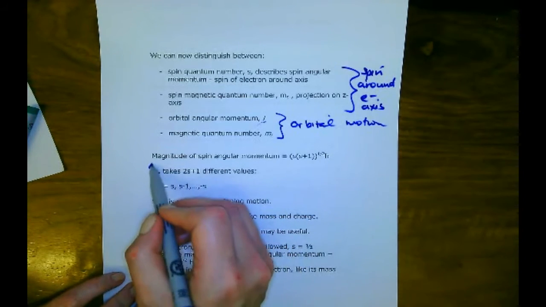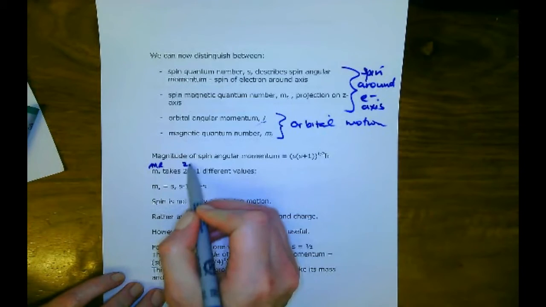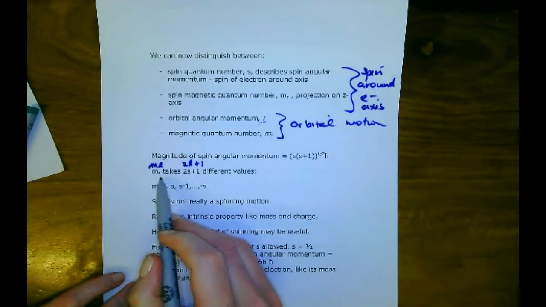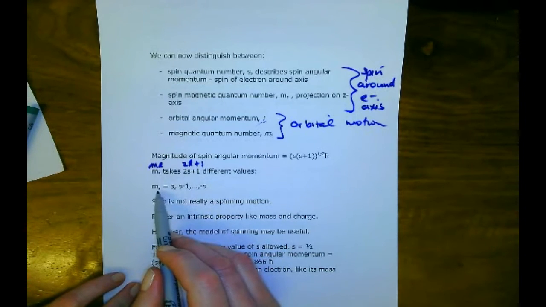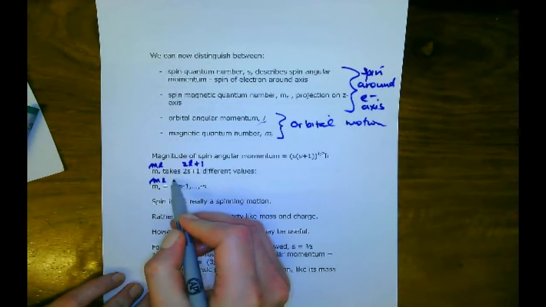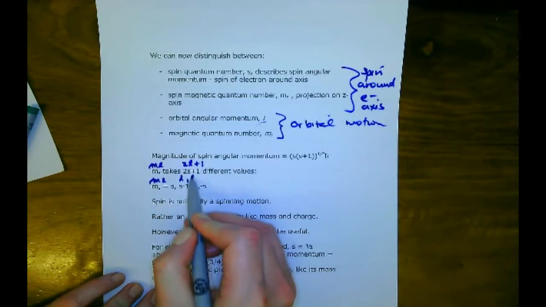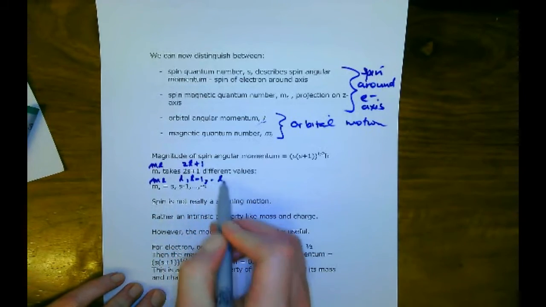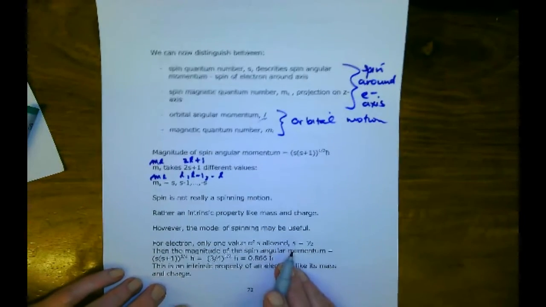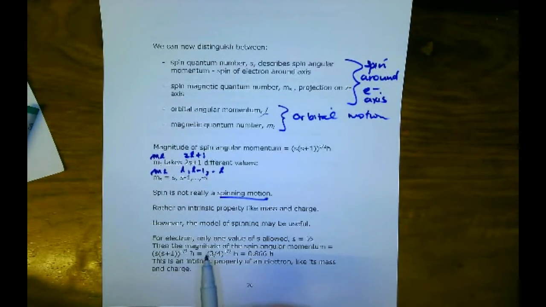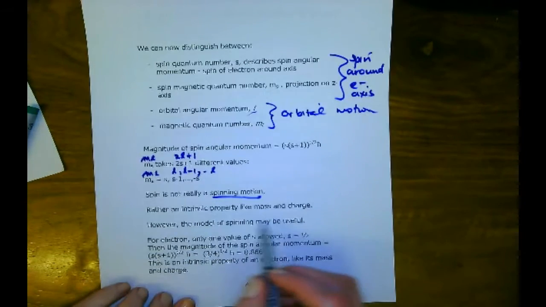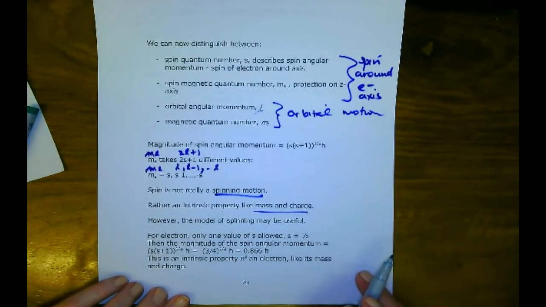Remember we said ml takes 2l plus 1 different values, ms takes 2s plus 1 different values. ml goes from l to minus l. ms is very similar, but just remember we call it spin, but it's not really a spinning motion. It's really an intrinsic property like mass and charge that the electron has.